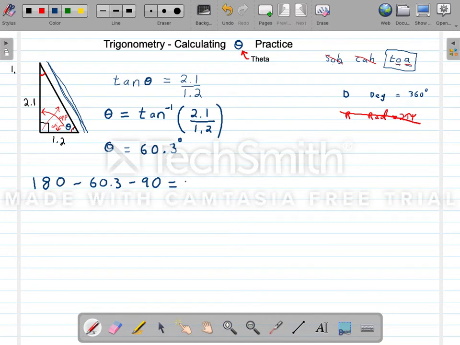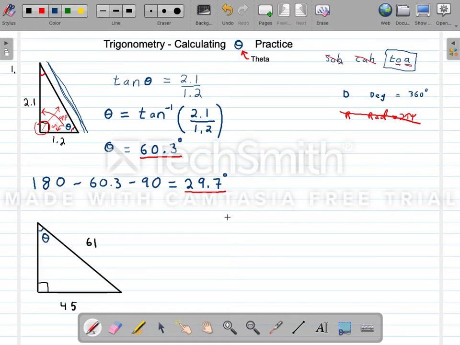You get 29.7 degrees for the remaining angle. Okay? So the one angle was 60.3, the other angle is 29.7, and the other angle is 90 degrees, which we know is right there. Okay? Let's do one more.